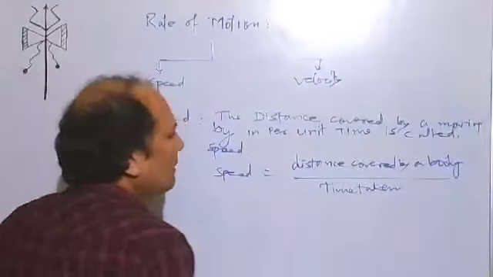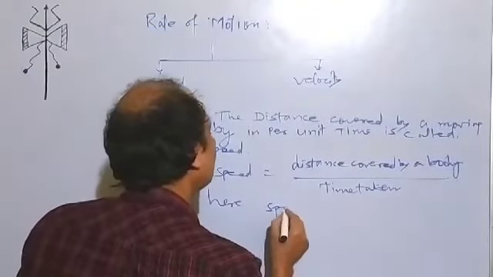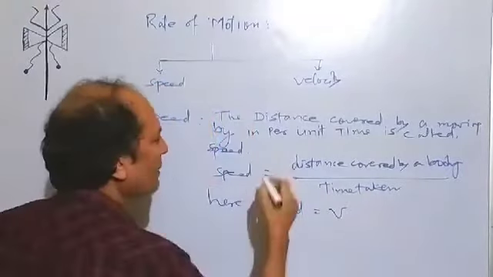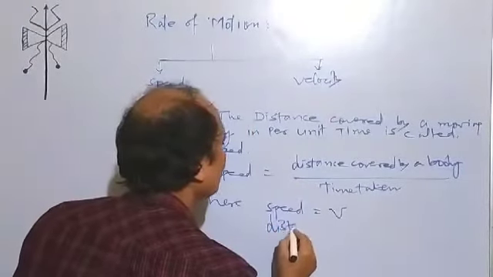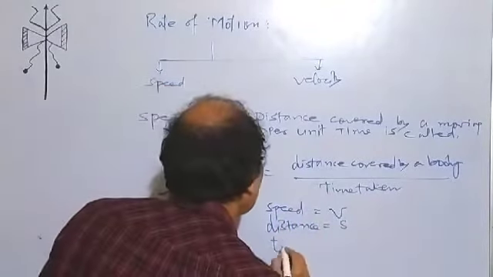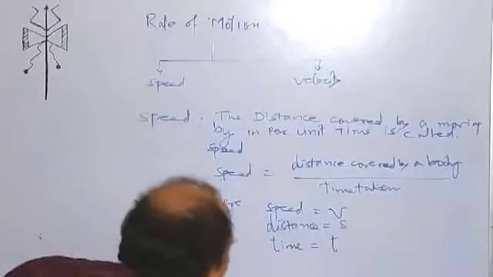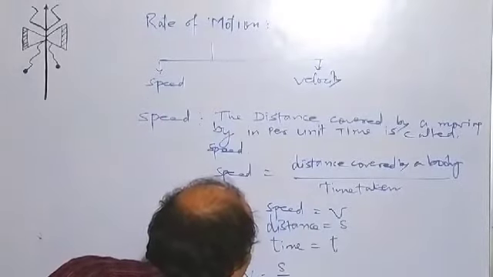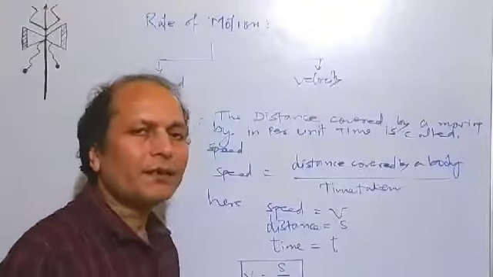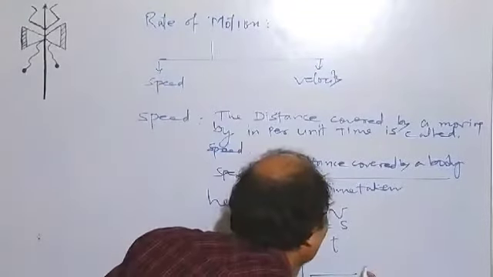Now, in this situation, speed is denoted by v, distance is denoted by small s, and time is denoted by small t. So we can say that v equal to s by t, means speed equal to distance upon time. Suppose it is equation 1.